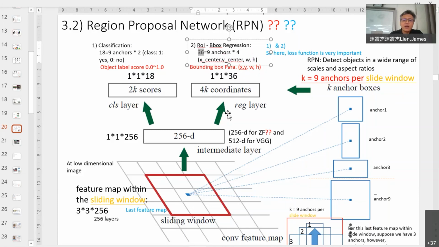And from here to there, because this is a map, suppose the map is 256 or 512 maps.